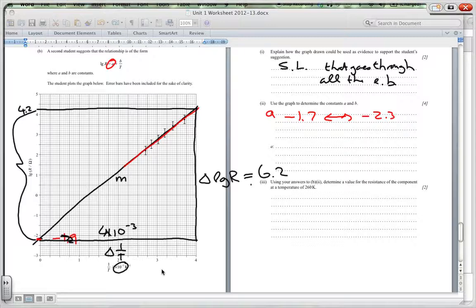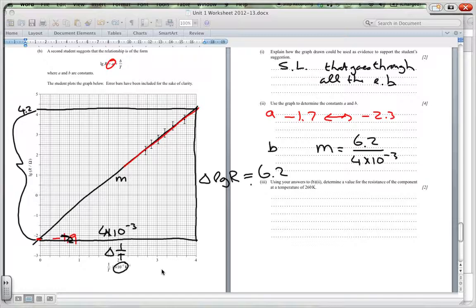So when I find the slope, which I'm actually finding b here, my slope is going to be 6.2 divided by 4 times 10 to the negative 3.